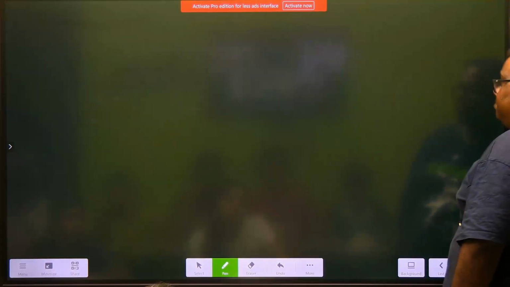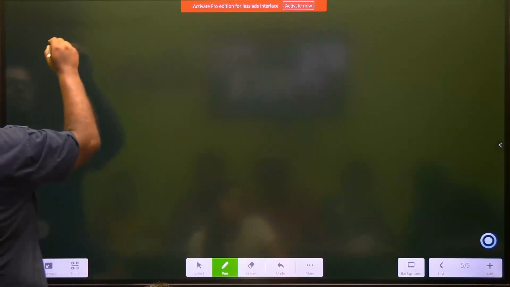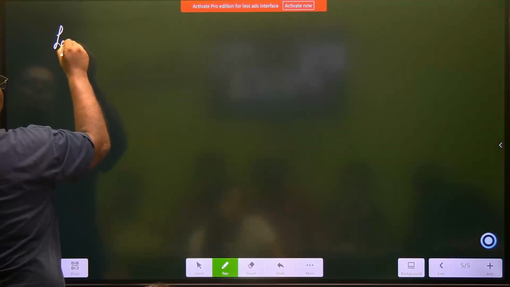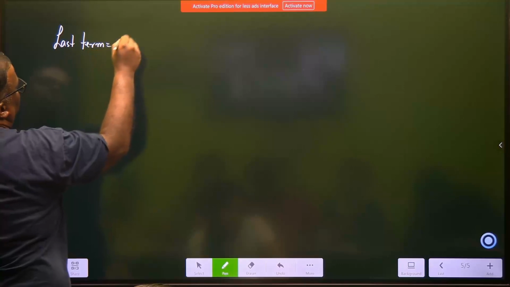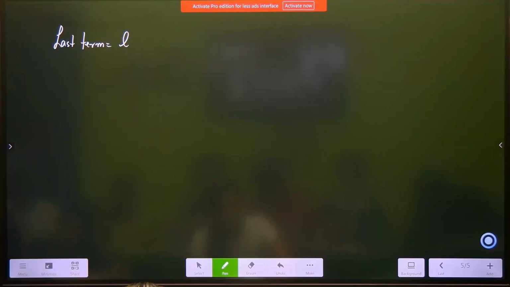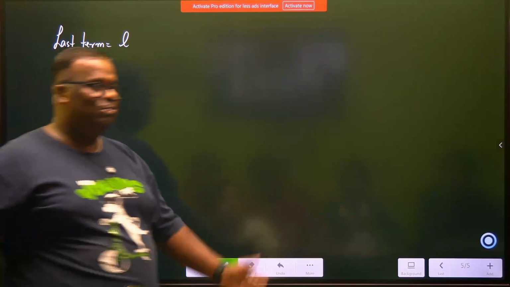Okay. Let's say the last term. Sometimes you will be given an AP with the last term. The last term is usually represented by L. So let's write the AP in terms of the last term. Now this time I am a railway manager. I will build up my railway rake from the guard's bogie.